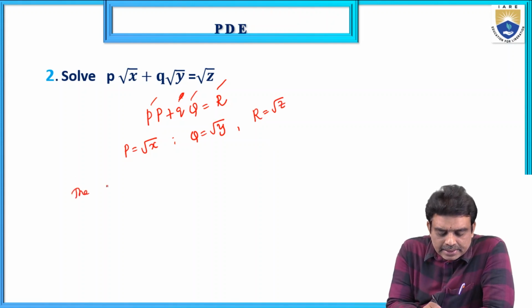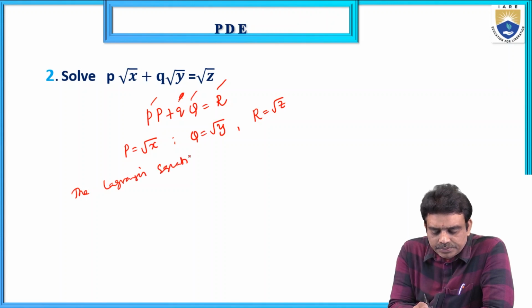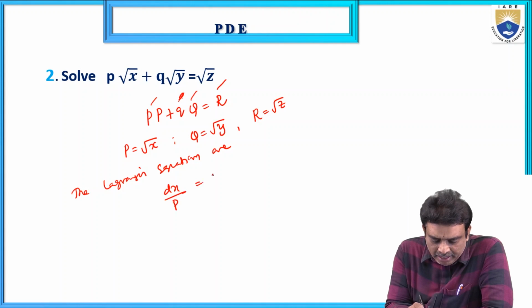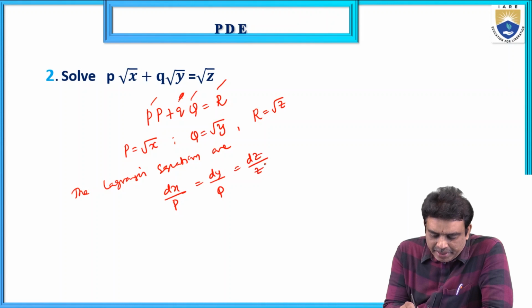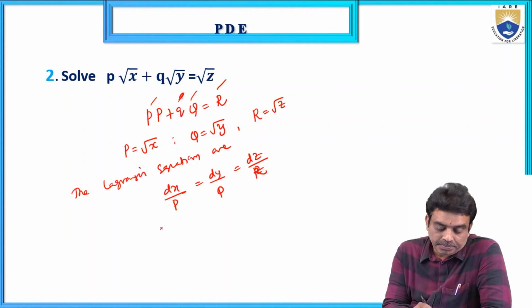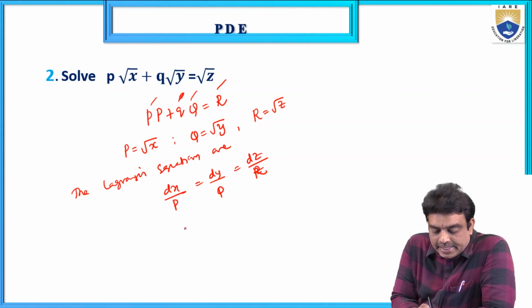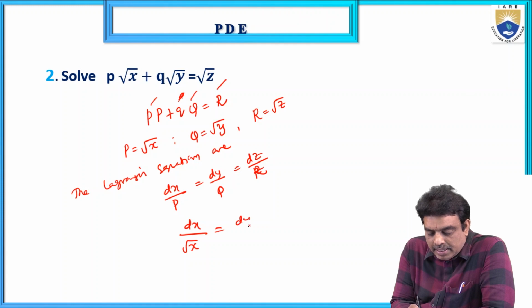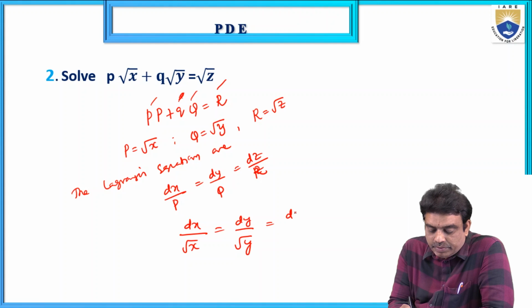Then the Lagrange's equations are dx by P is equal to dy by Q is equal to dz by R. Or I can write it as dx by root x is equal to dy by root y is equal to dz by root z.